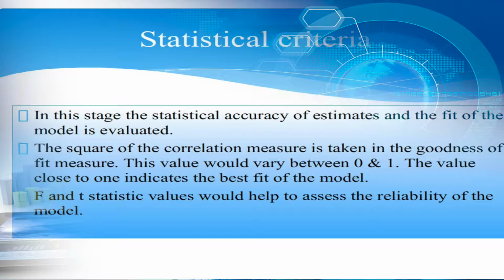Further, F and t statistic values would lend the reliability measure for the model. For instance, if the model is statistically adequate, then the F test will be significant. If the model is the best fit, the R square will be high.